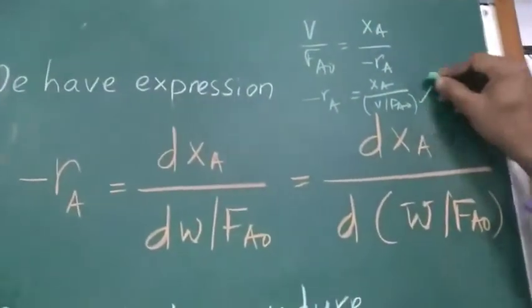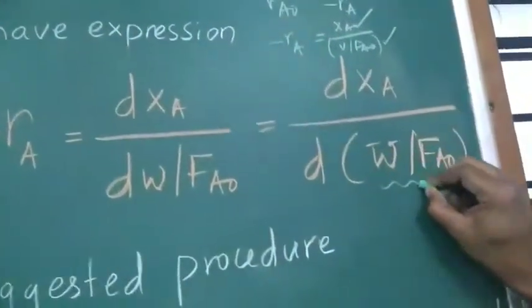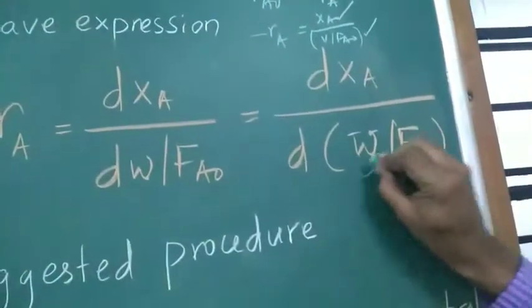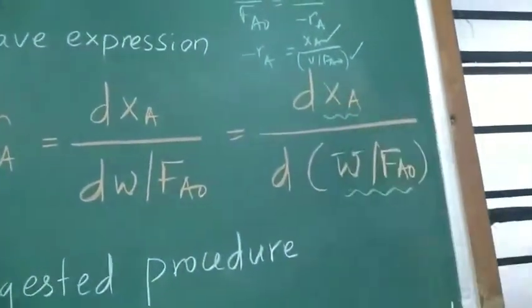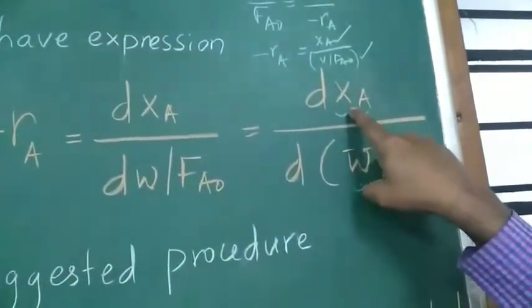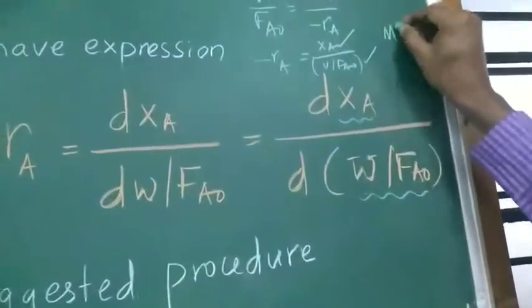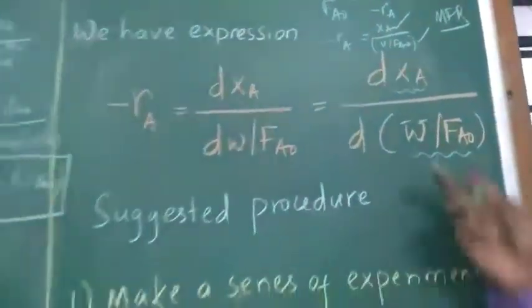So I am varying this. If you are varying this, conversion is also varying. You can see here, if I change the concentration of the catalyst or the weight of the catalyst or the initial condition, the conversion will also change. So for a different W by FA naught, you will have a different XA. So therefore this is a mixed flow reactor. Okay. So how to check this equation?